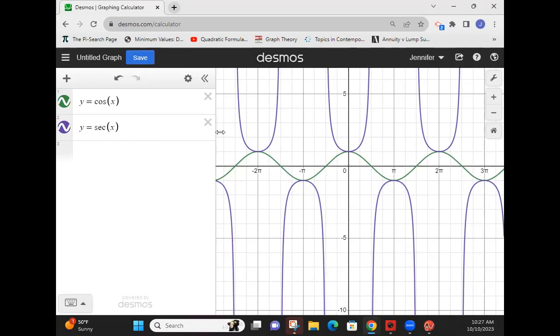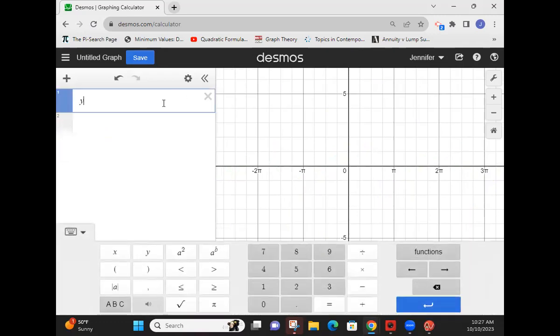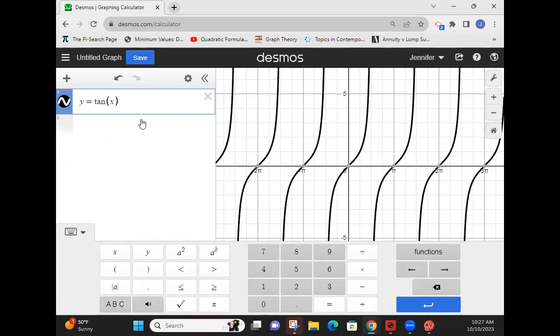And then just because we've got some time, let's look at tangent and cotangent. Those are the only ones we haven't graphed. Tangent looks a little bit different. Tangent is filled with these squiggly increasing bits, right? Lots of vertical asymptotes, but we're not oscillating up and down for tangent like we were for sine and cosine, okay?